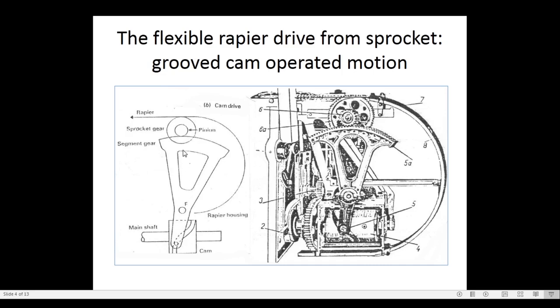So this will move one time clockwise, and this toothed gear moves anti-clockwise. Rapier goes up to the center of the machine. Next time, as the cam rotates, this toothed gear moves anti-clockwise, and the gear rotates clockwise. So Rapier tape comes backside, and it stores in the housing.